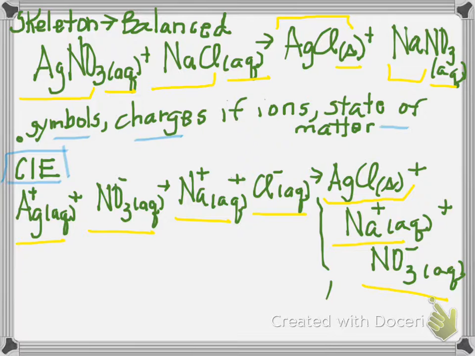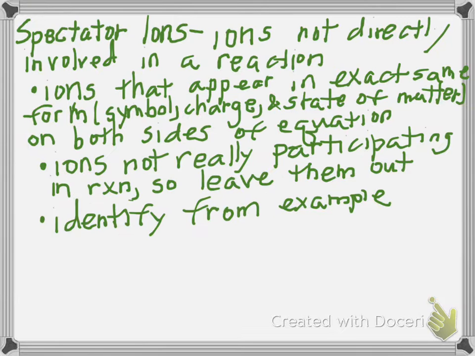So if I start by looking at silver, I have Ag+ aqueous, and silver is in a compound over here, so silver ion is not a spectator ion. Nitrate, NO3-1 aqueous, right here, and then NO3-1 aqueous. So nitrate is a spectator ion. So one of the ones I can identify here is nitrate.